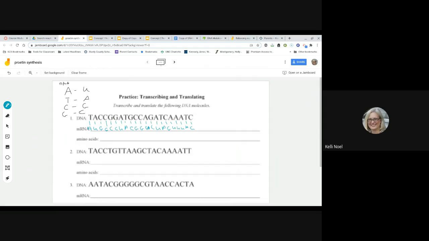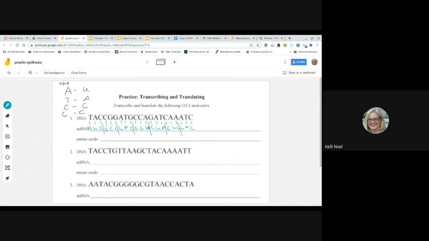All right, before I do anything else, I like to go through and mark them off in groups of 3. Then you're going to use the wheel to find the amino acids. So I'm going to get you started on this. We should already know what AUG is now. We've used it about 3 times. Go to the A, go out 1, to the U, find the G, and that is MET.